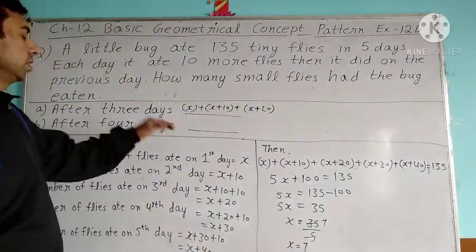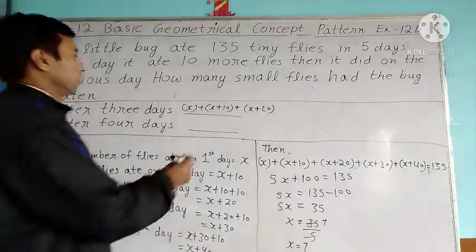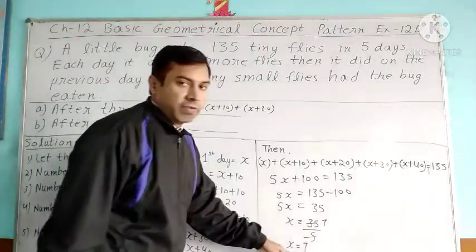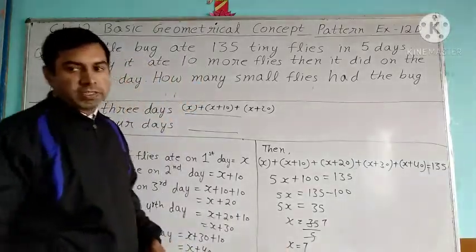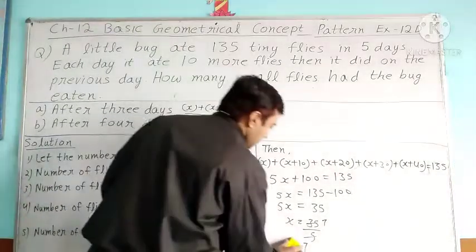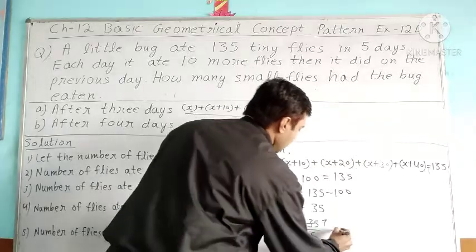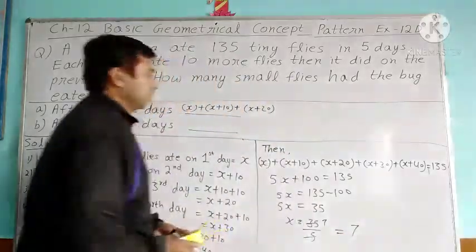Clear? After 3 days we have to find out. So what we have to do is, we know the value of x. What is the value of x? Value of x is 7.